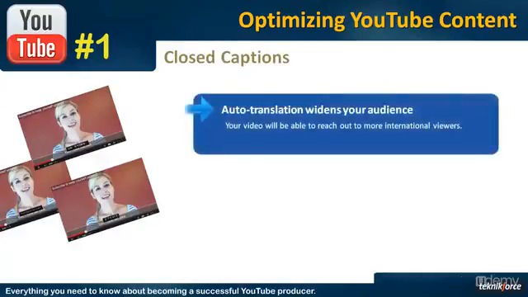Now, I also want to tell you about another benefit of using closed captions. When you put in closed captions, YouTube will use the Google Translation API to make the translations of your text available to speakers of foreign languages.